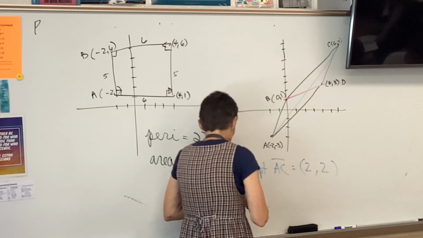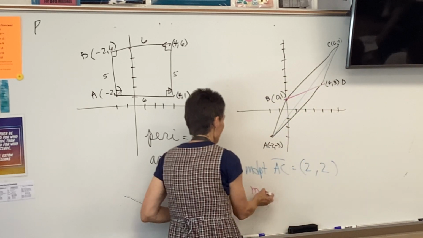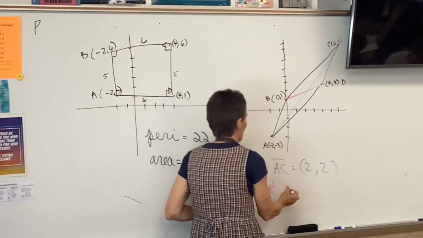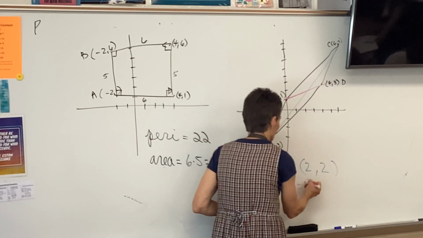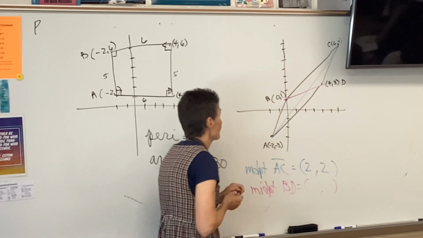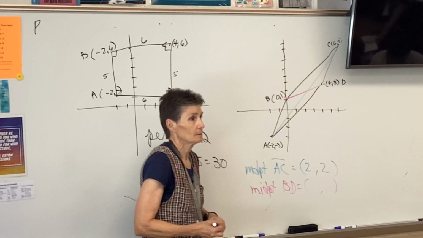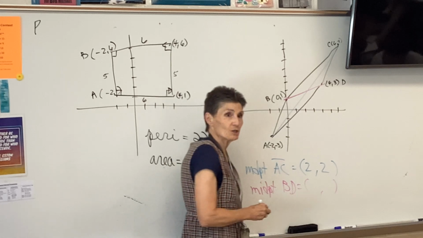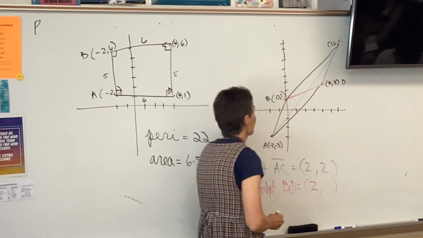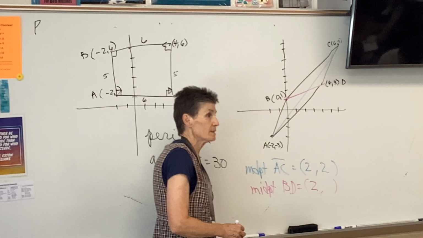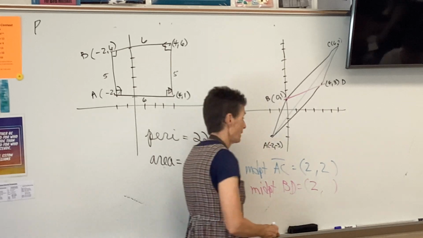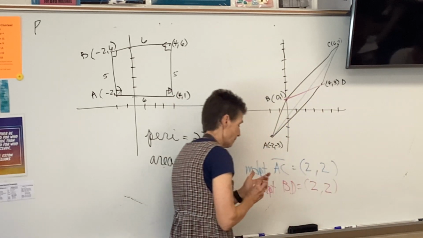Now I'm going to find the midpoint of BD. 0 plus 4 divided by 2, and 1 plus 3 divided by 2. And there you go.